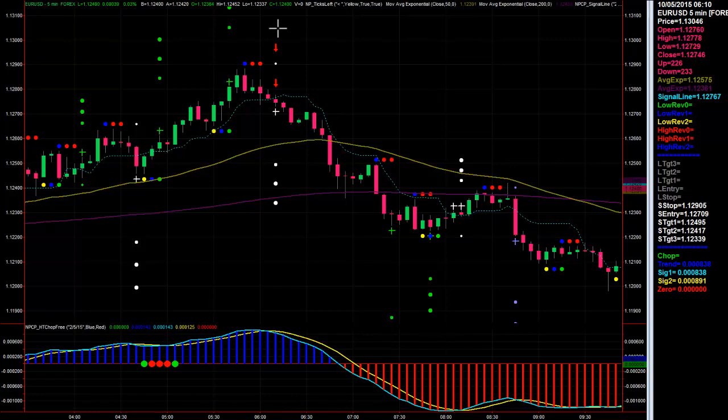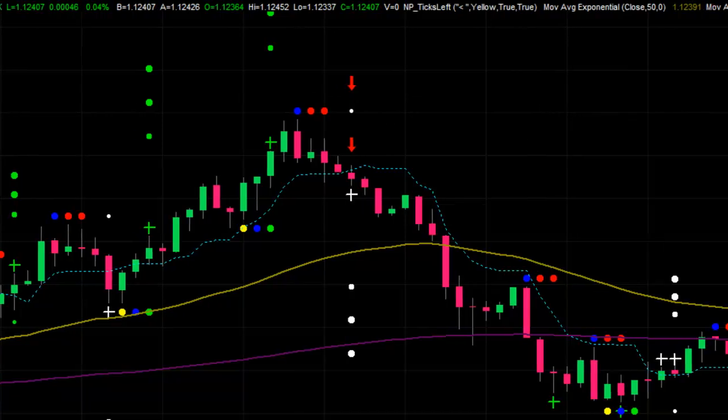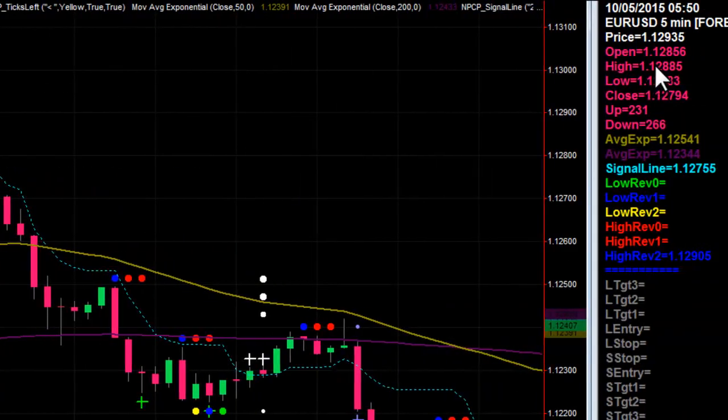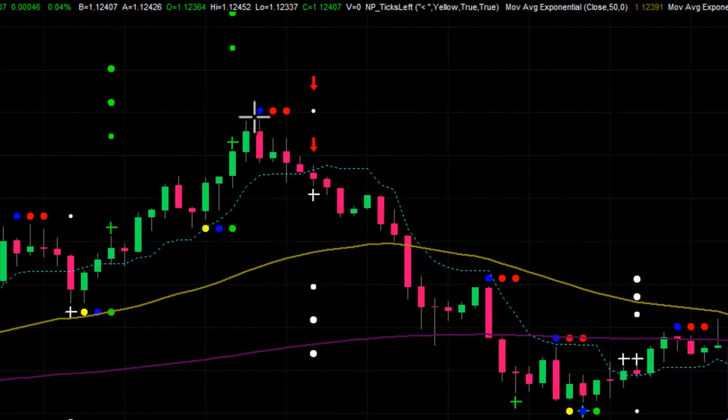We're going to measure the highest point of the 3 bars within the group of 3 dots. Okay, so in this case, it's the first bar. In another example, it might be the second bar or even the third bar. It's the highest point of those three dots. So the high of that bar, it's the first bar, is 1.12885.